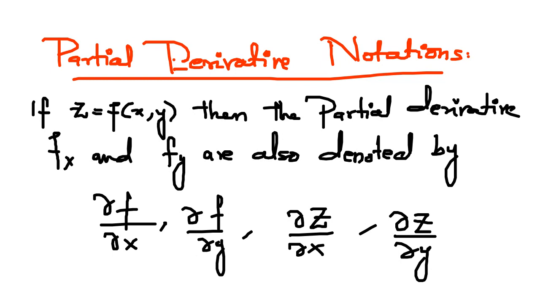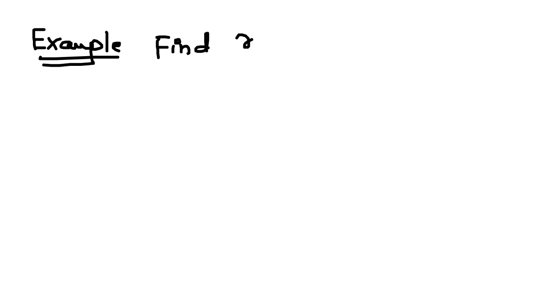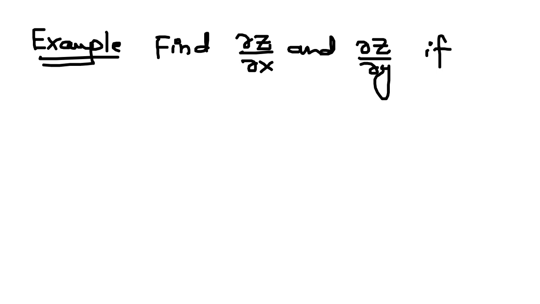Okay, now if you have this type of function, that example, a little complicated one. Okay, so you have to find partial z by partial x and partial z by partial y if there is a function z which is equal to x power 4 sine of x y power 3.